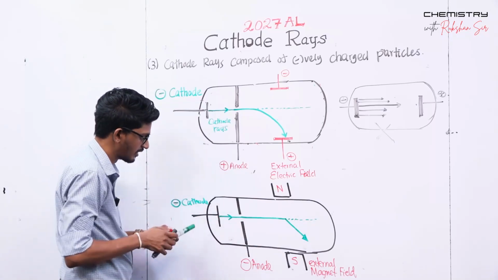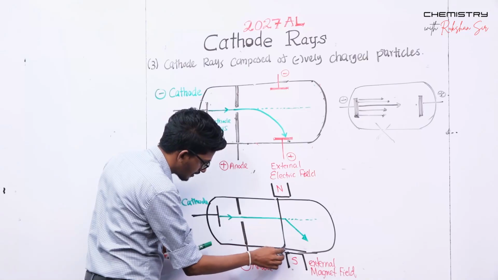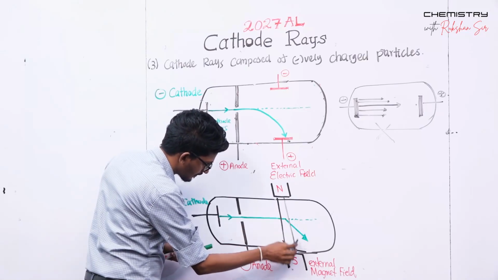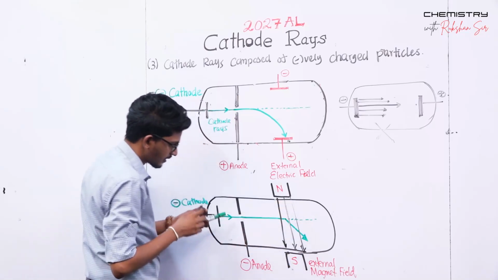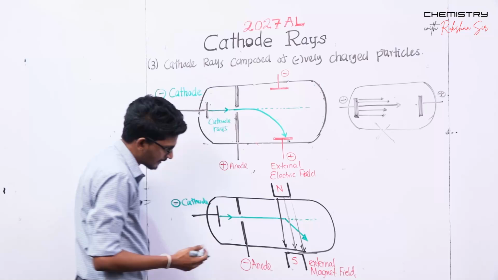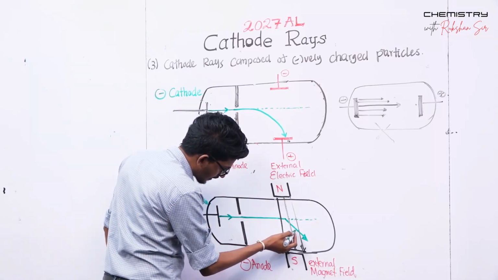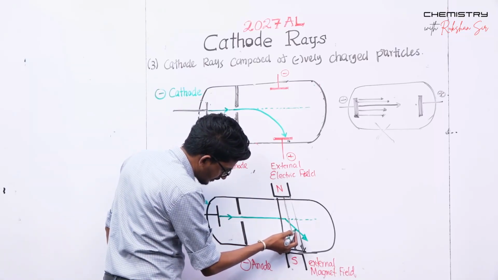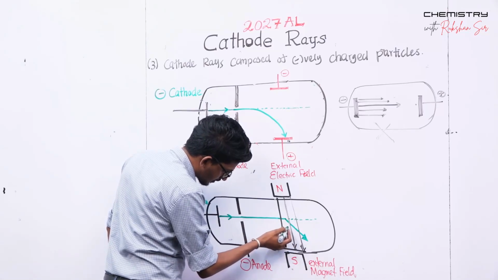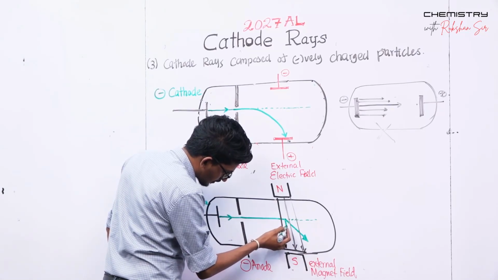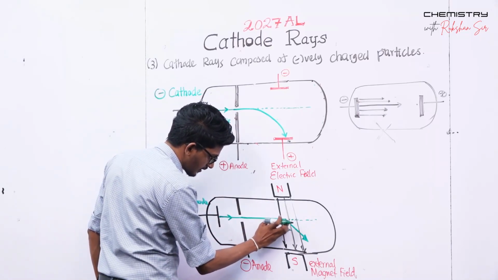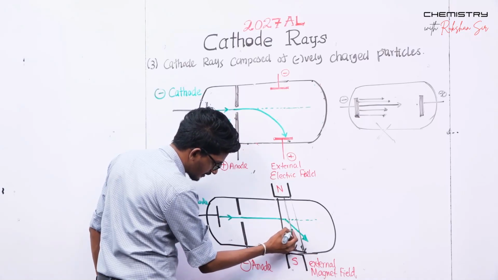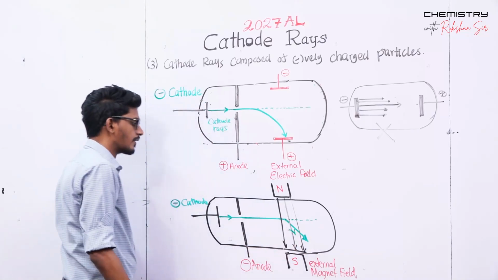So if you apply the magnetic field like this, if you draw some lines of the magnetic field appearing like this, the deflection direction is perpendicular to the field.